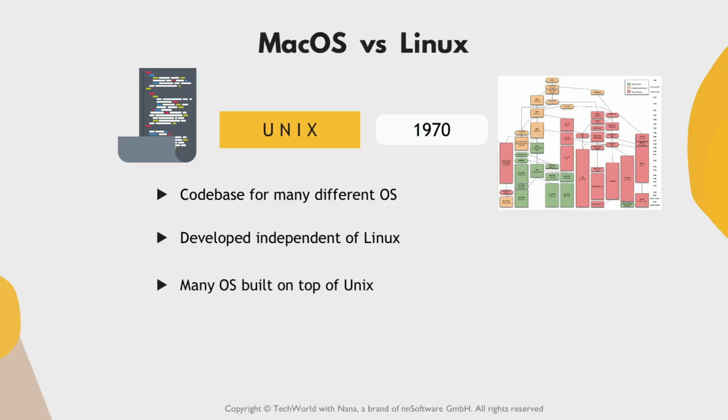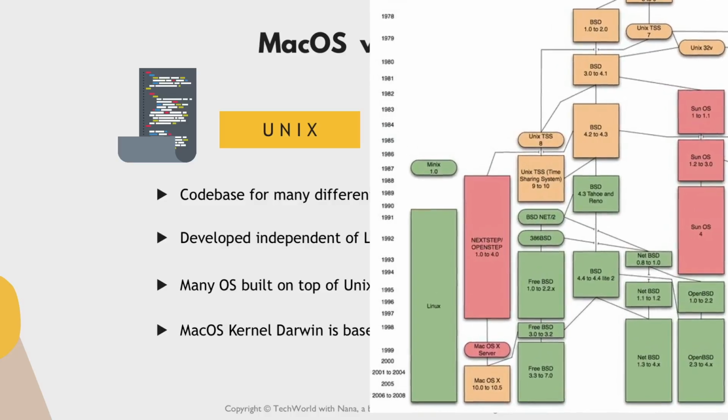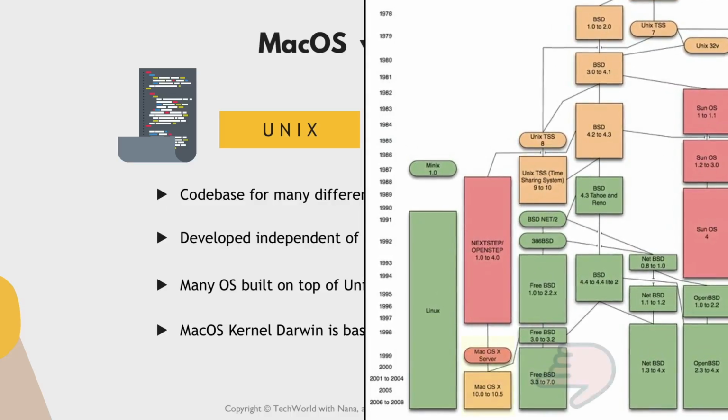And one of those operating systems was macOS. So macOS kernel Darwin, which I mentioned earlier, actually includes source code of one of the Unix-based systems, making macOS one of the most popular operating systems which came out of Unix.